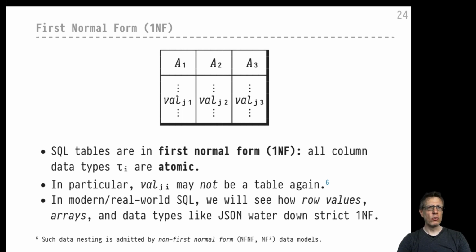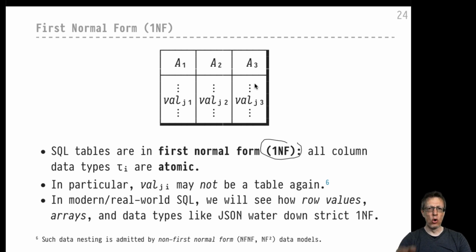The tables that we are looking at and the cell values that we are looking at are particularly simple. All the tables that we will be working with are in so-called first normal form, or 1NF. This is this abbreviation, 1NF. We are working with 1NF tables. That means the cell values themselves, such a cell value here, will be an atomic value.